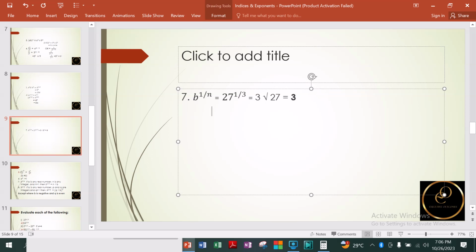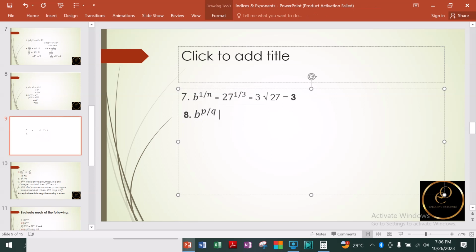We have property number 8, this is where we are saying it is in this manner. So what does it mean to us? Let's make it bigger.